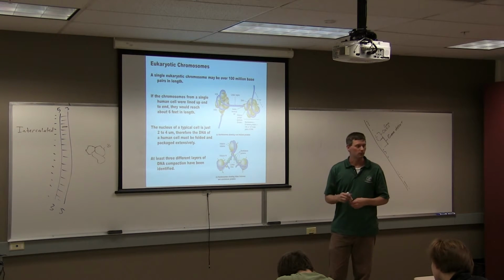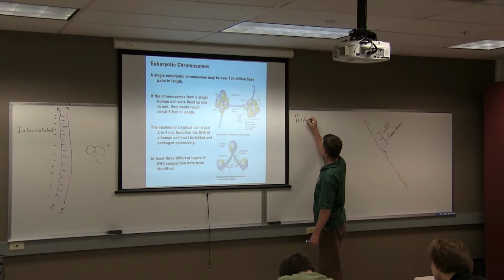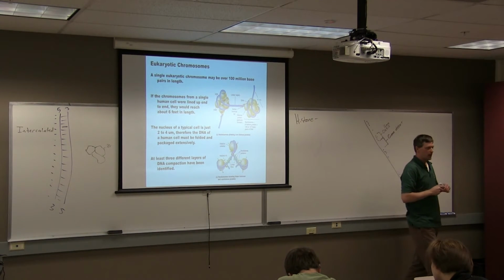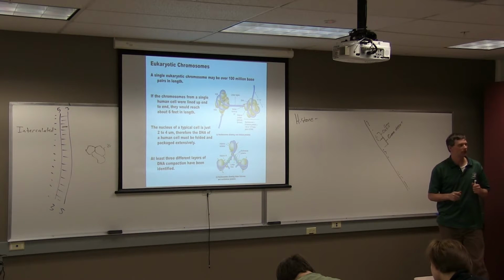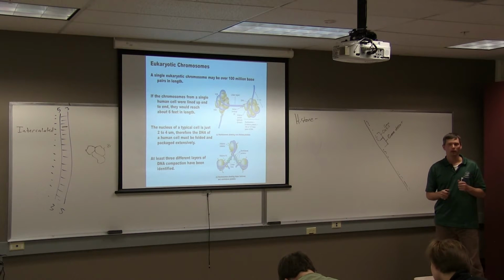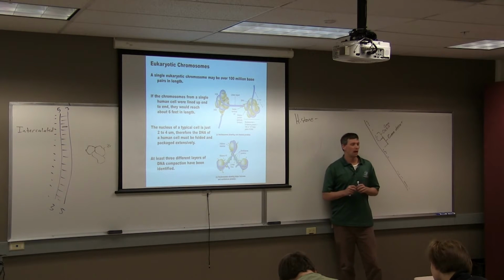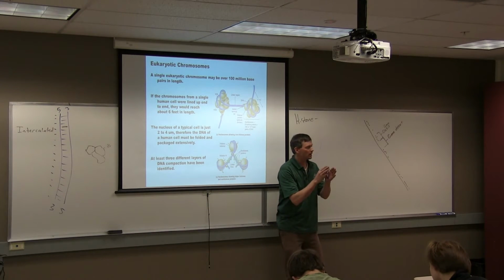Okay, so I'm going to define some terms for you. Histone is a type of protein. It's a protein with lots of positive charges, and it binds to DNA. You can't go to someone and say, I studied the histone gene, because there are many histone genes.